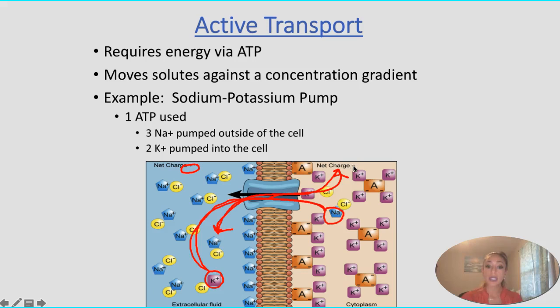Remember, sodium is positive and it's on this negative charge over here, but it's going from a positive to a positive charge. So this is against the electrochemical gradient of the plasma membrane, which is why this requires energy, unlike passive transport, which does not require energy.